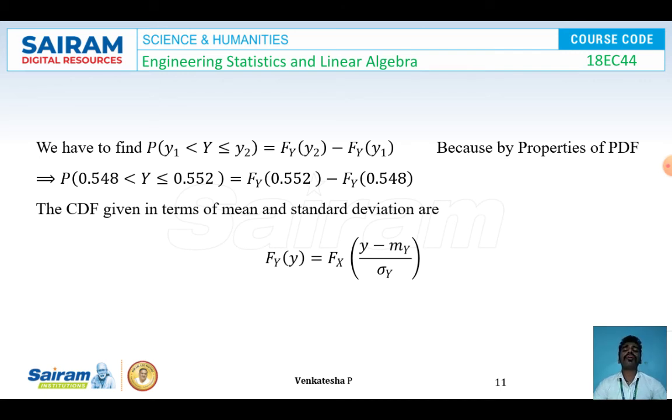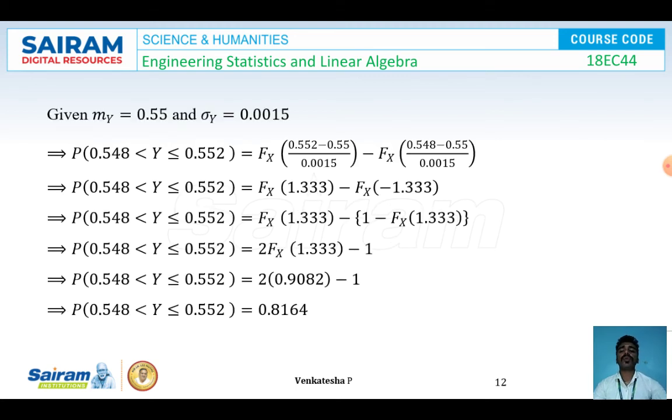Now to calculate this F_Y(y), I am going to use the CDF expression in terms of mean and standard deviation, that is F_Y(y) is equal to F_X((y minus mu_y) by sigma_y).